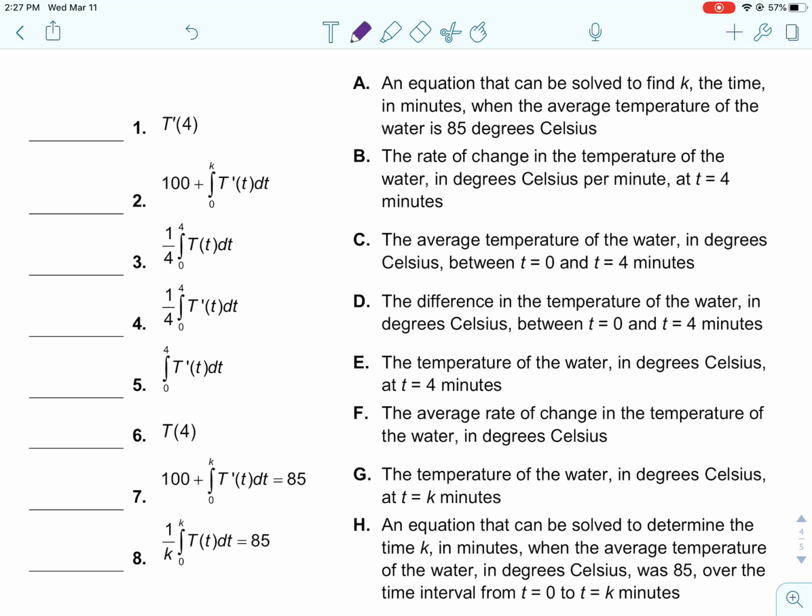Okay, what's the difference between A and H? Look at H. The time interval, so it's included. Oh, wait, no. Are you asking us because you don't know, or? No, I want you to look at it.